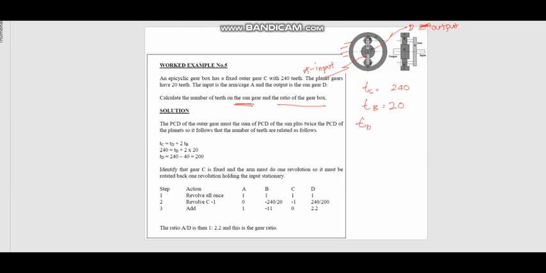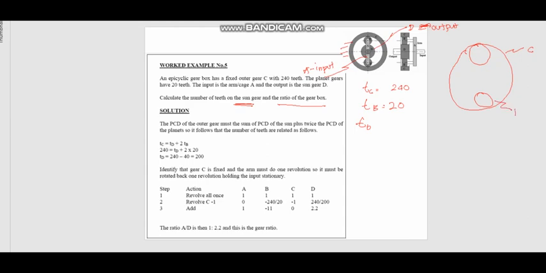If I resketch this, basically what I have is this. This is C, and then we have two planet gears.